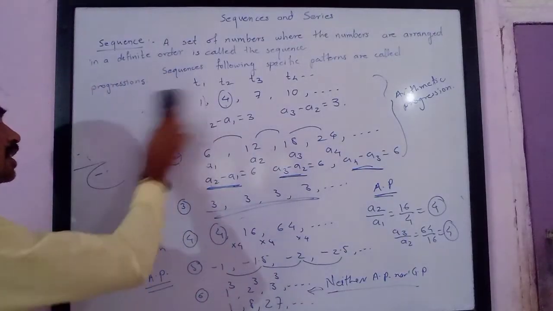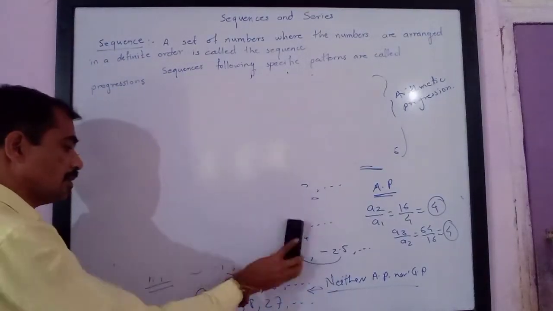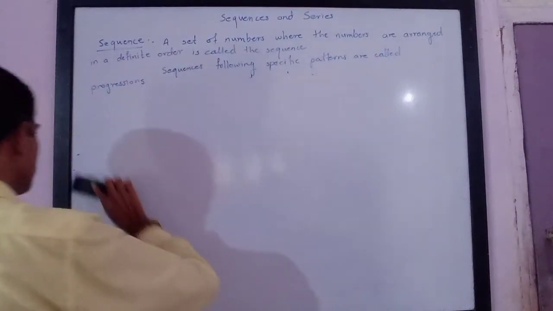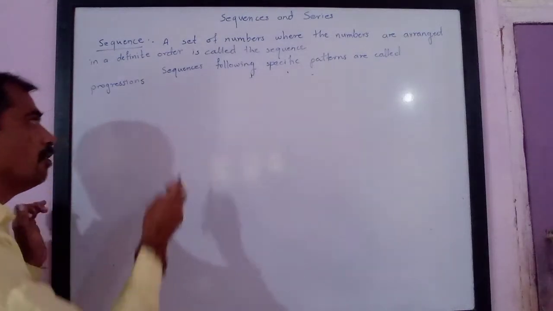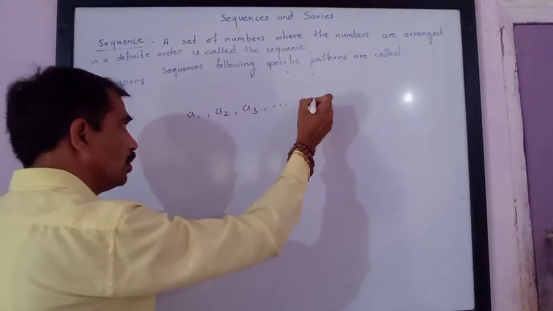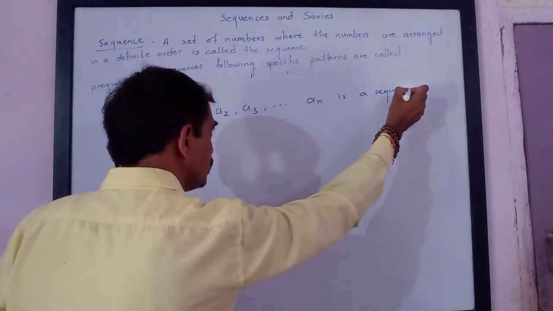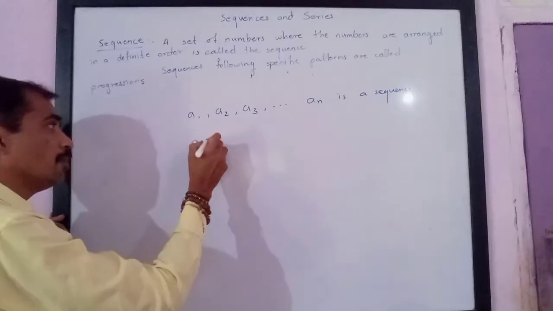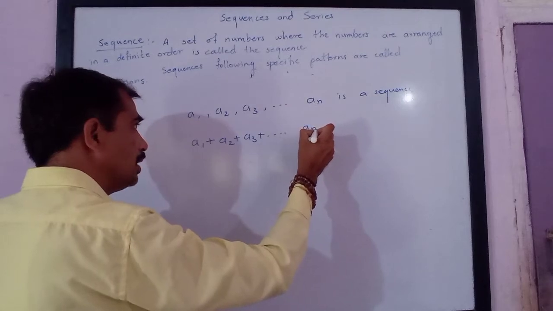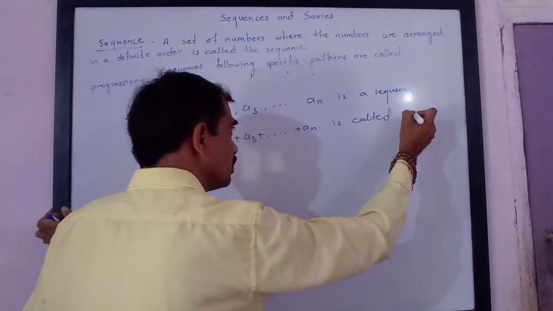Dear friends, next is the series of a sequence. See, if A1, A2, A3 up to AN is a sequence, then A1 plus A2 plus A3 plus up to AN is called a series.